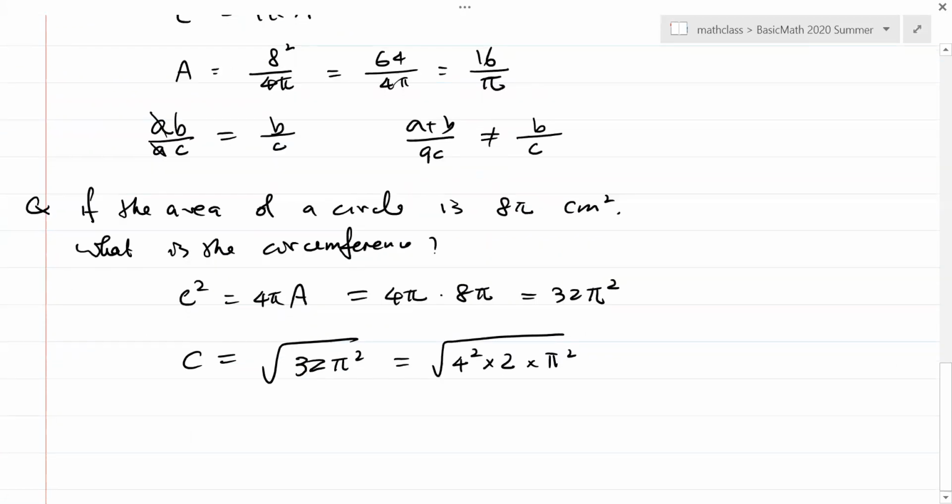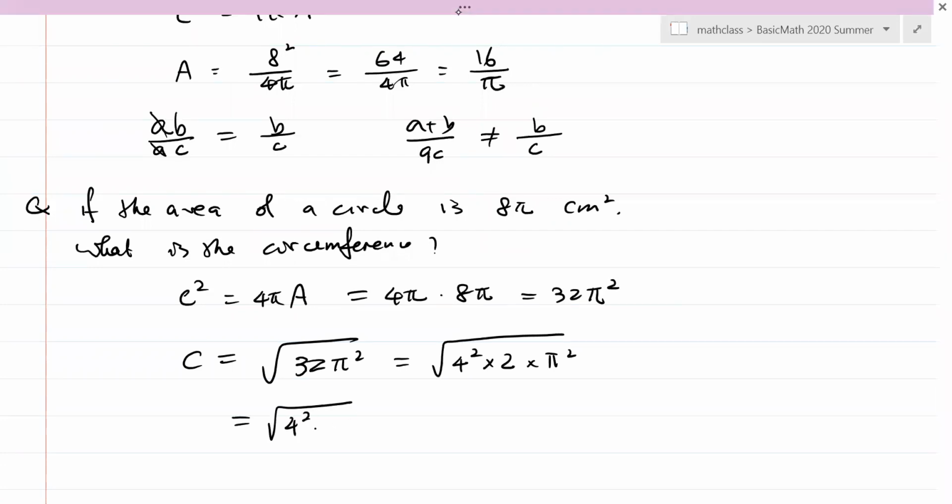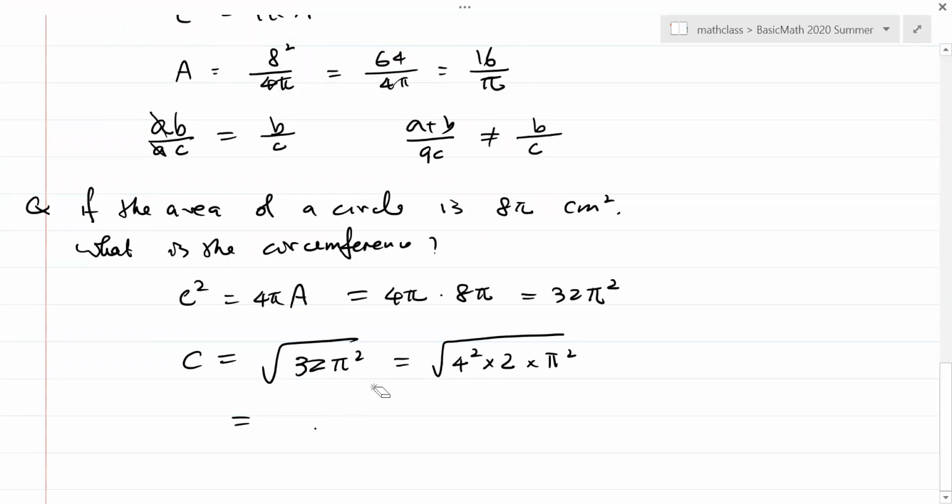So whenever there's a square, you can get rid of it, right? It's going to be the square root of 4 squared. Let's try. I'm not going to skip that step. Square root of 4 squared, square root of 2, square root of pi squared. So the square root of 4 squared is 4, square root of 2 is still there, and the square root of pi squared is pi.